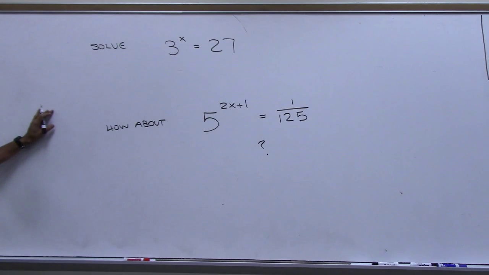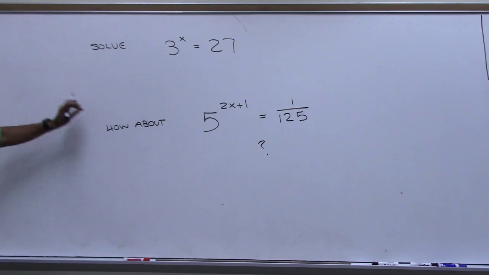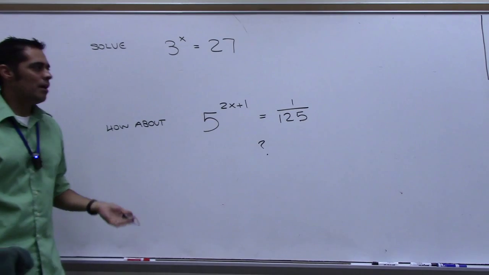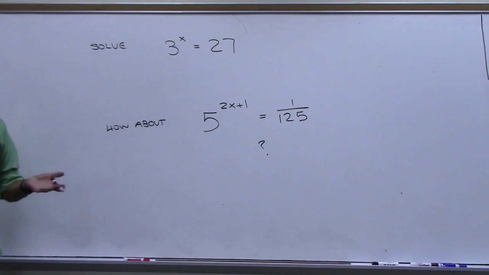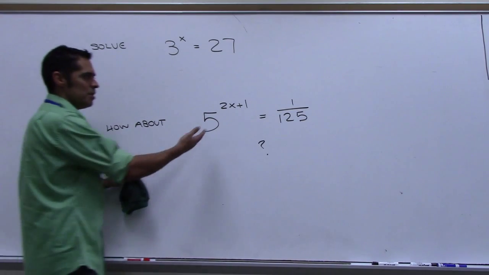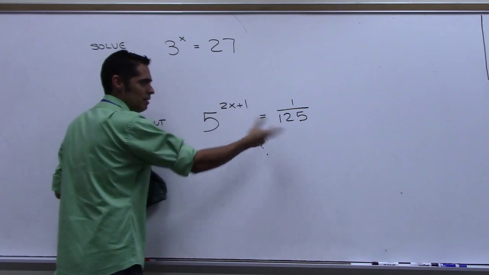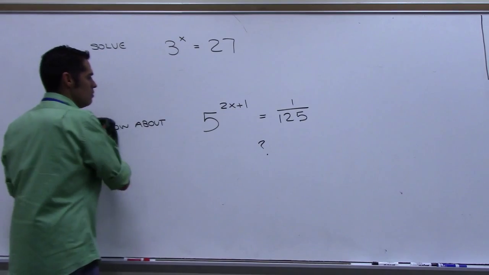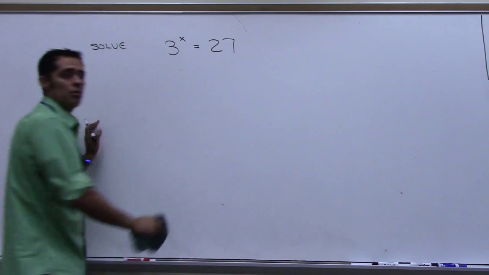Can anyone just look at that and tell me what the answer is? 3. 3 times 3 times 3 is 27. So you could get that answer just by visual inspection, that if you put a 3 here, you will get that. But that required that you actually know that 3 cubed is 27. This one, you can't just say x is blah, and that's 1 over 125. It's not as easy. So we need a more systematic approach.